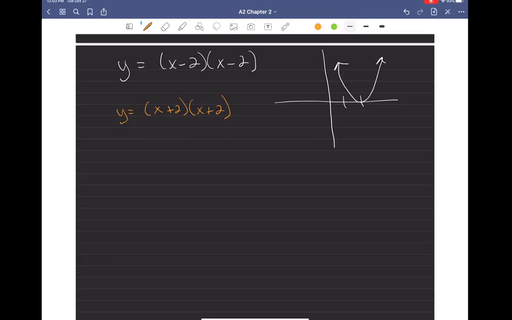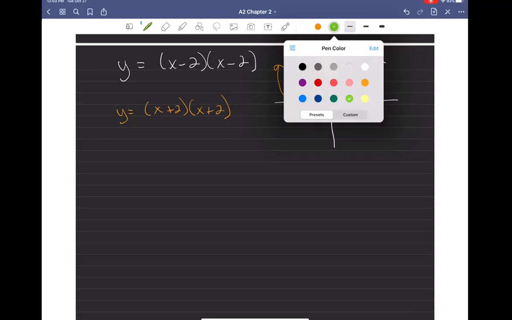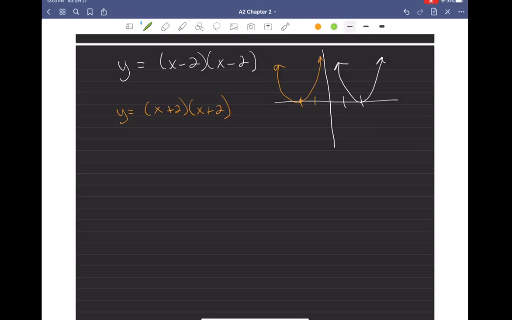Anybody remember what happened when we did that? Yep, it was over here, right? So if we change the value inside the parentheses, we're able to shift things left and right. And then we threw a negative out front, didn't we? y equals negative x minus 2, x minus 2.